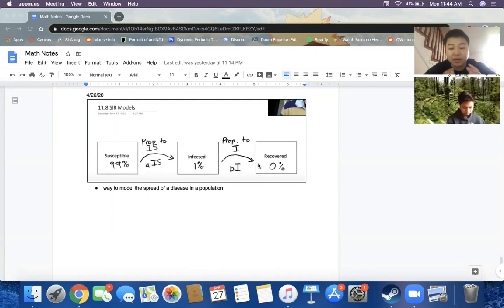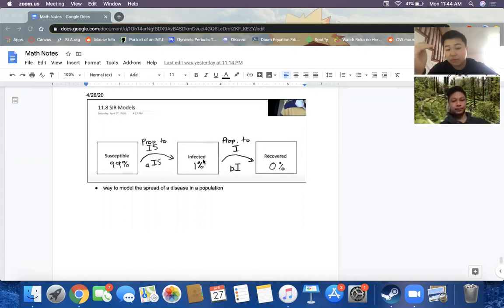So the recovered number is a portion of the infected. If we say I is infected, then to get recovered, it's infected times a certain rate. And then to get infected, the number of people infected is going to be related to how many people are susceptible. The more people that are susceptible, the more people can be infected.